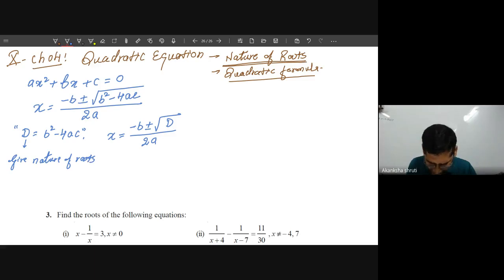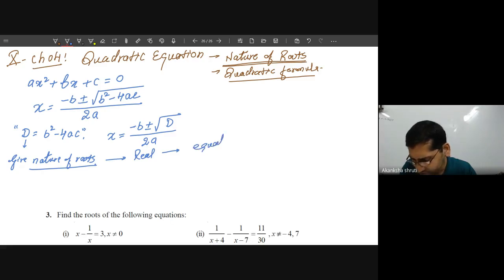And we have learned this nature of root could be real. Even if it is real, it is possible that the roots are real and equal, or maybe unequal.